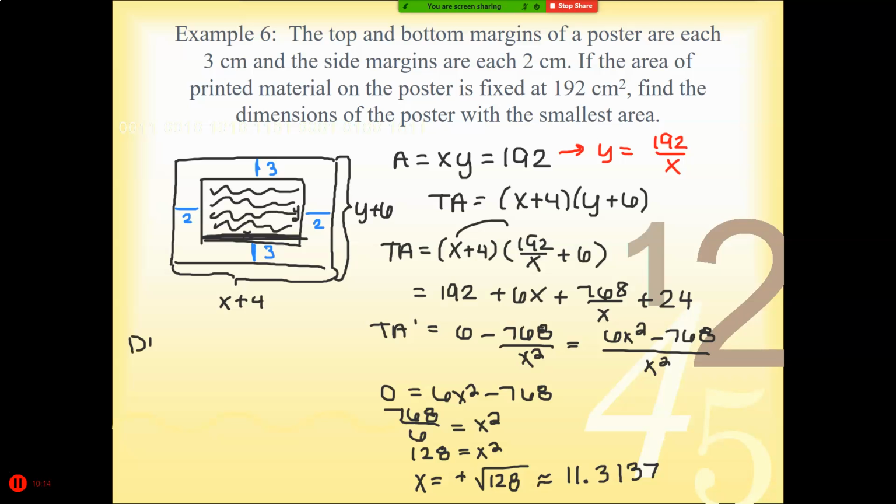So the dimensions would be 11.3137 plus 4 by, and you'd have to take 192 and divide it by that value, which is 16.97, and add 6 to that because of the margins.